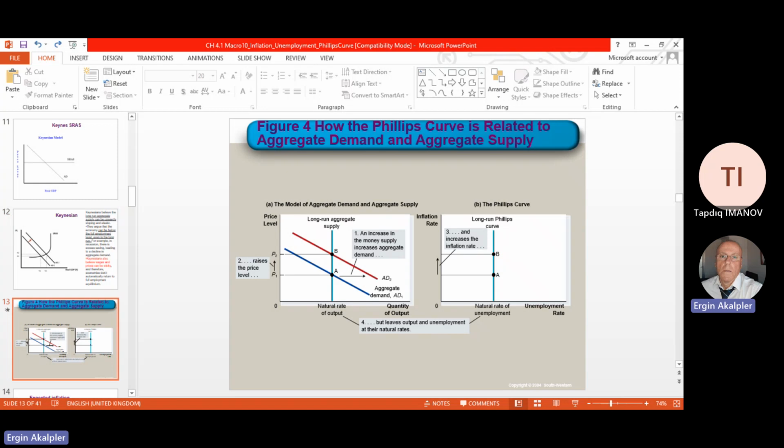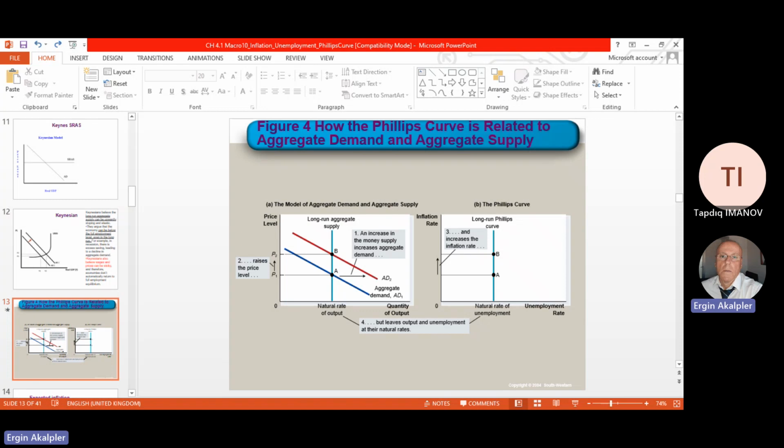And when we are looking at the Phillips curve, it is related to aggregate demand and aggregate supply. On the figure on the left side, the model of aggregate demand and aggregate supply is represented. We are understanding that there is an increase in the aggregate demand, as indicated on the graph, where the long run aggregate supply stays intact because of the price changes.